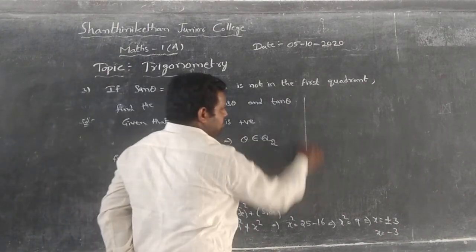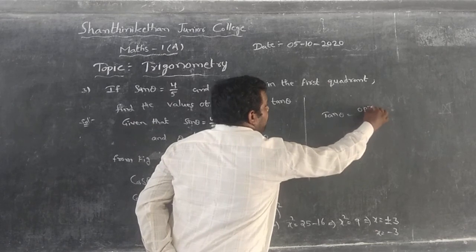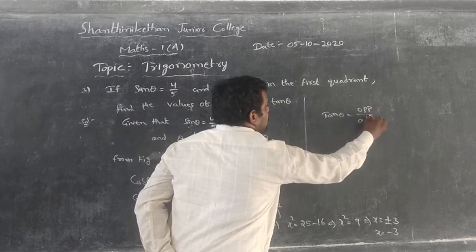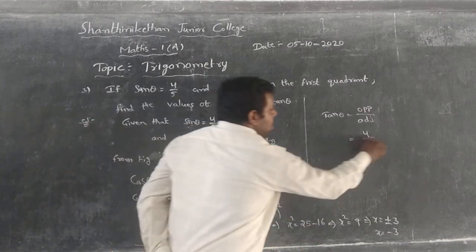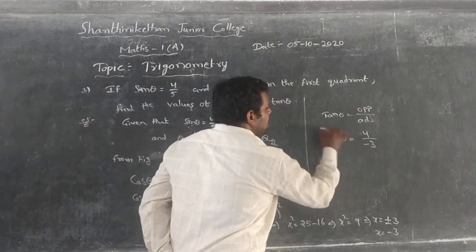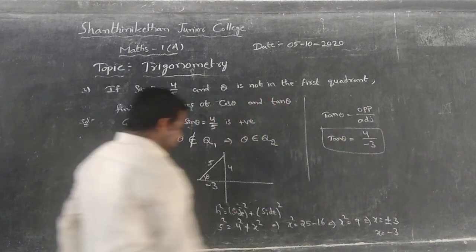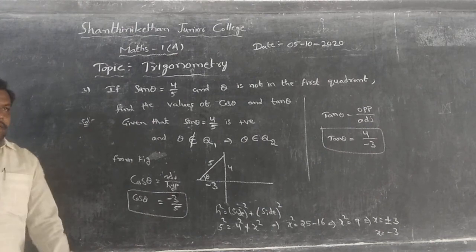Tan theta. Tan theta is equal to opposite by adjacent side. What is the value of the opposite side? 4 by the adjacent side value minus 3. This is the value of tan theta. Everyone note this one?